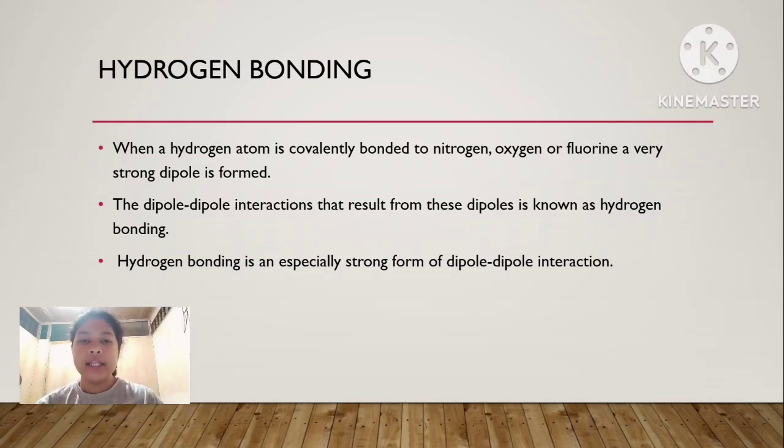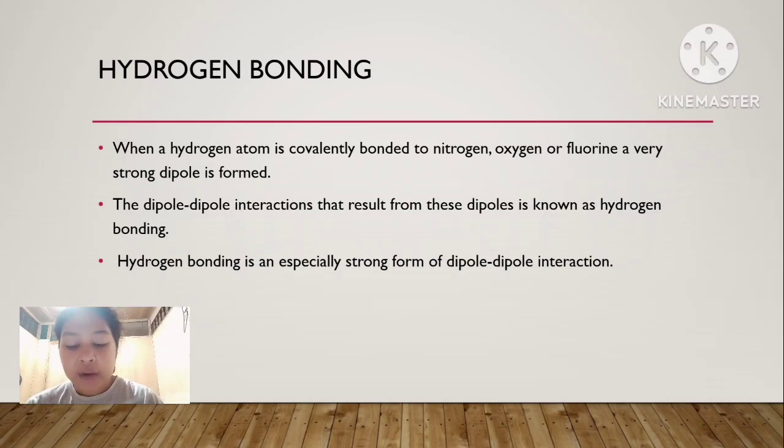As I said, hydrogen bonding is a special type of dipole-dipole interaction between the hydrogen atom in a polar molecule and highly electronegative atoms like oxygen, fluorine, nitrogen, and other molecules. So the electronegative atoms like oxygen cause the bond to be polar.